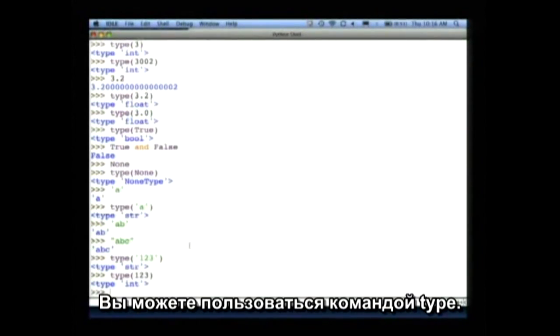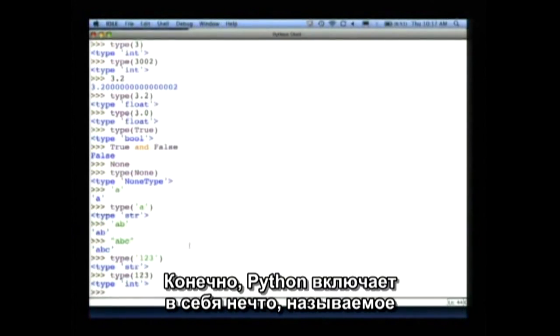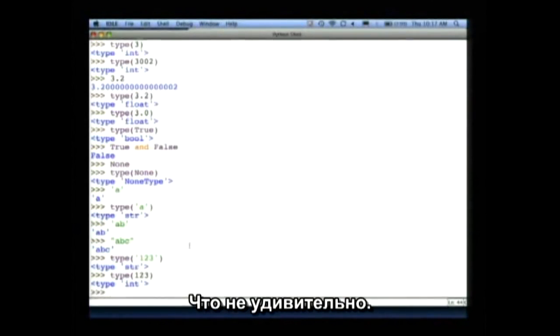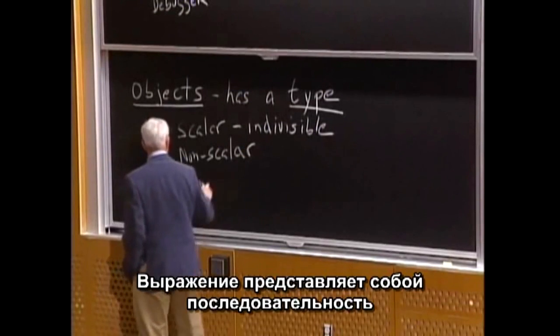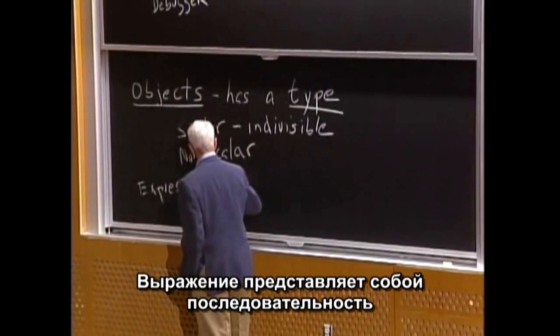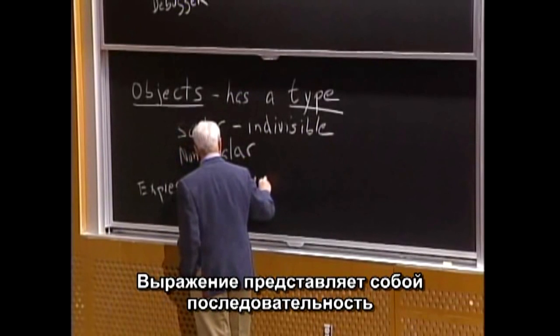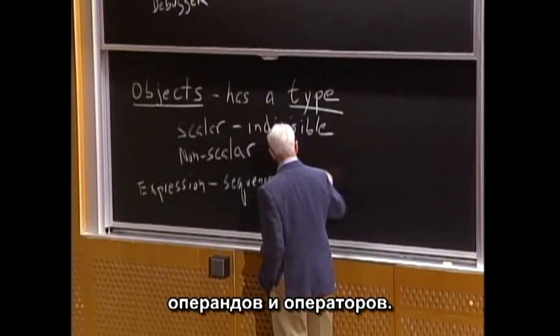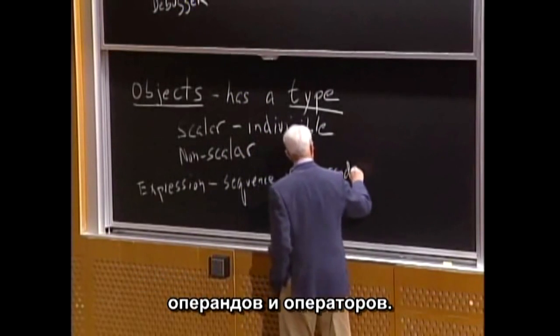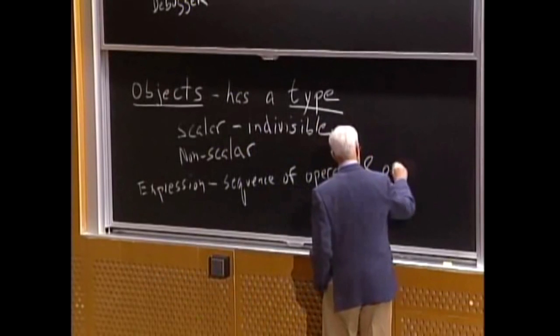You can only get so far with literals, things you can type. So of course, Python has in it something called an expression. Again, this shouldn't surprise anybody. An expression is a sequence of operands and operators.